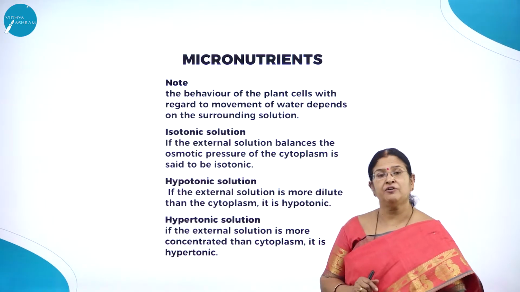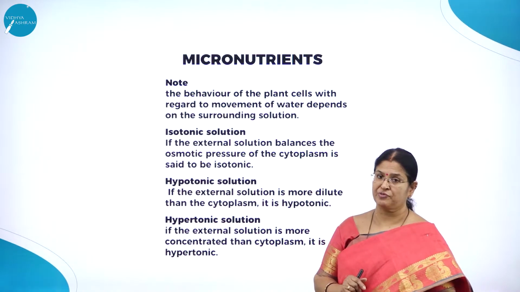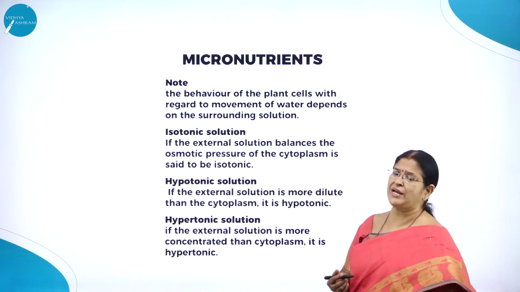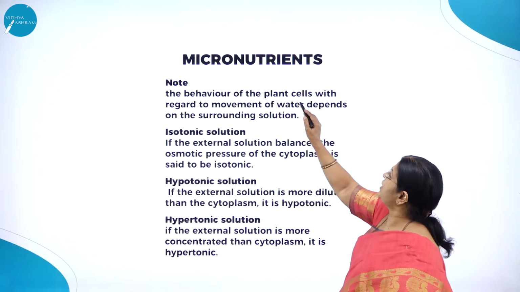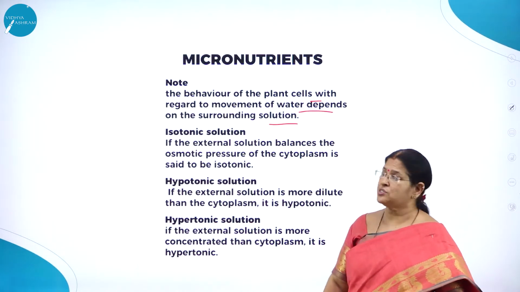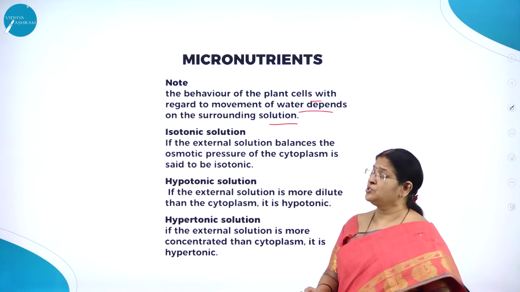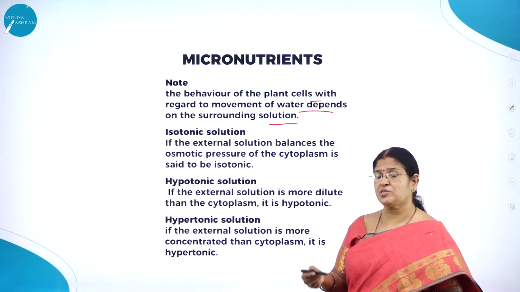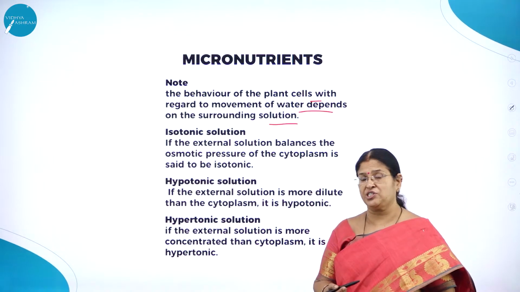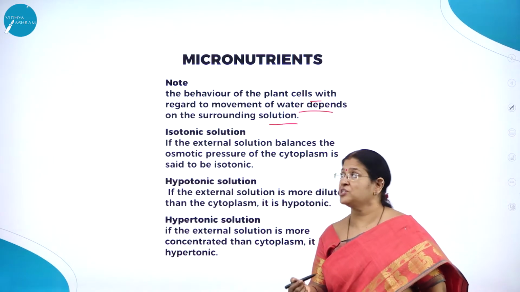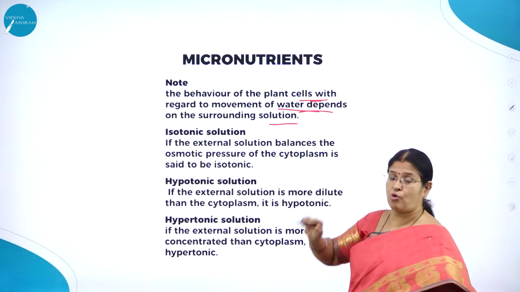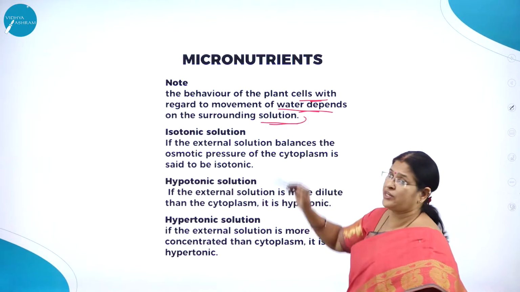Moving on to the further very important concepts of this chapter, transport in plants. The behavior of the plant cells with regard to movement of water depends on the surrounding solution.